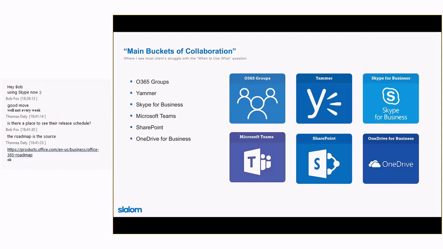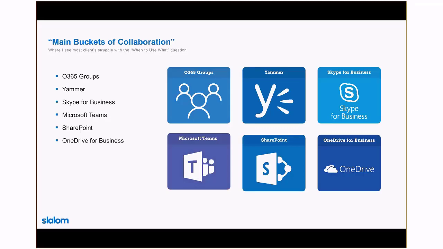When I start thinking about the main buckets of collaboration, which I think really gets into the meat of when to use what, because the way that Microsoft keeps selling O365, it's the productivity cloud or the collaboration cloud. It's different ways for your people within your organization to work together to help complete work and move tasks forward. So as I look at these different buckets, there's Office 365 Groups, which I get into arguments with people about whether or not that's really a service or a different view of some existing services, but from a product perspective, it's being viewed as a service or as a bucket at least.